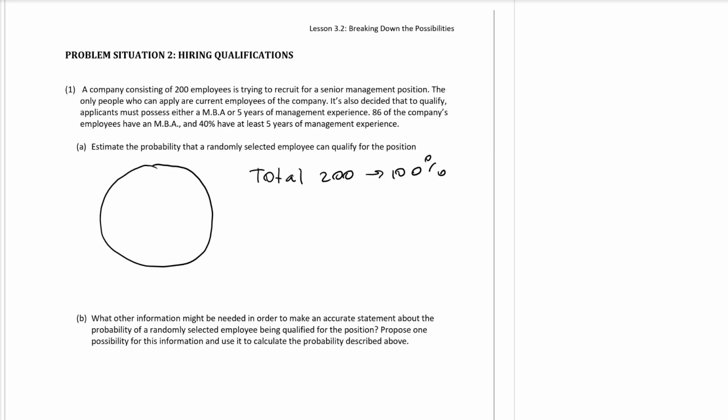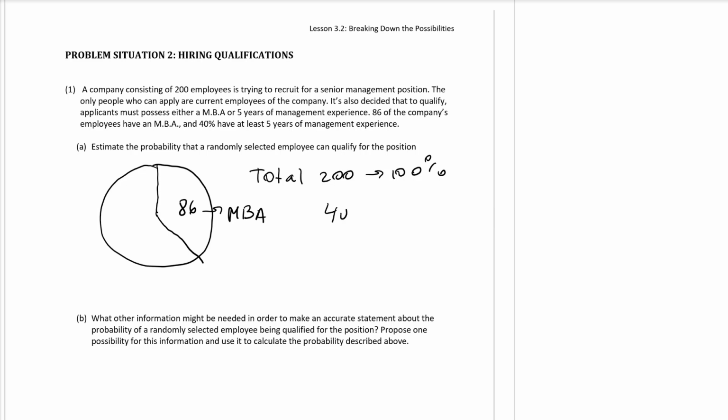All right, we have 86, which would be a little less than half, right? Half will be 100. So 86 of them have an MBA degree, and thus they qualify to be recruited for that position. And then we also know that 40% have 5 years of management experience.